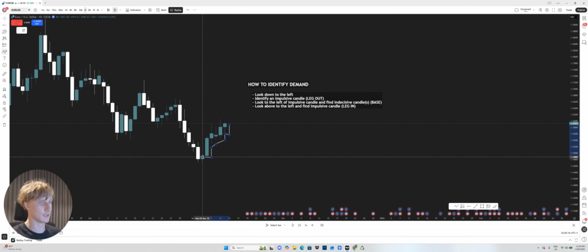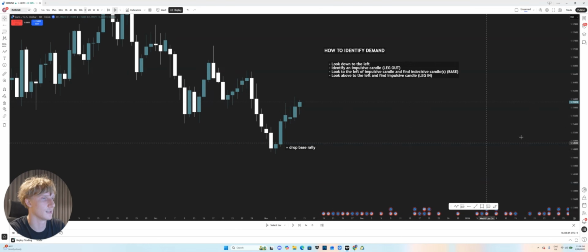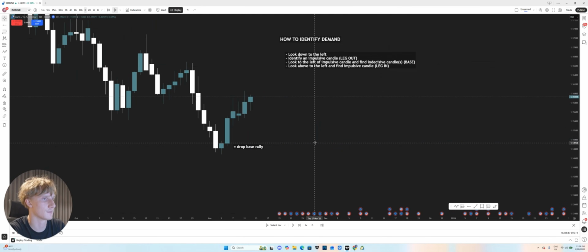We found this indecisive candle, so let's look above to the left. Do we have an impulsive candle here? Yes, we do. And there we go. We have now just identified an area of demand, and in doing so, we identified our leg out, our base, and our leg in. So this demand formation that we have just identified is called a drop base rally.